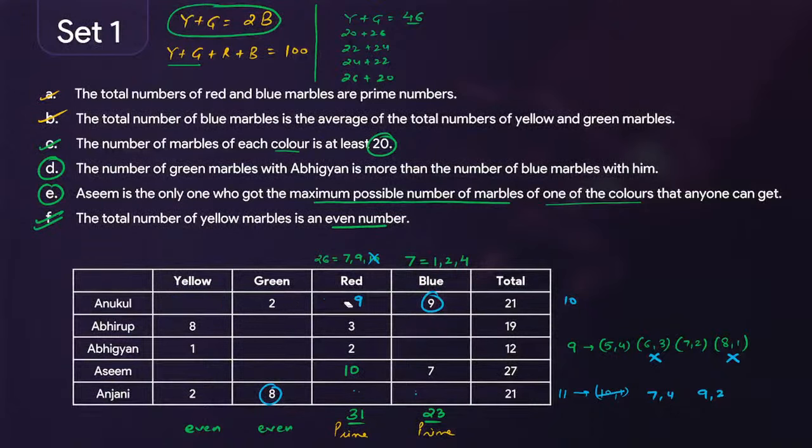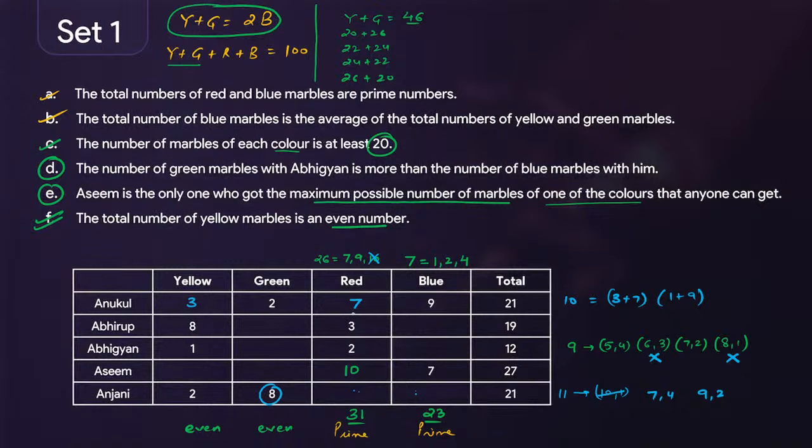Now for Anukul, the number of remaining marbles is 10. So 10 can be written as either 3 plus 7, or it can be written as 1 plus 9. Right? 1 is already there for Anukul in yellow. So I cannot write 1 here. So it has to be 3 plus 7. So 3 plus 7 plus 2 plus 9 will be 21.